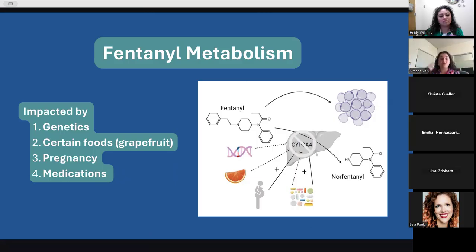And so people run through their methadone super quickly, and so they need much higher doses. But it's not just pregnancy that impacts these enzymes. Other medications impact these enzymes, foods do, genetics do. And so how you metabolize fentanyl is about a lot of things, including what is the innate activity of these enzymes in your liver.